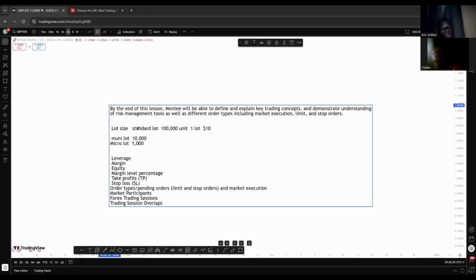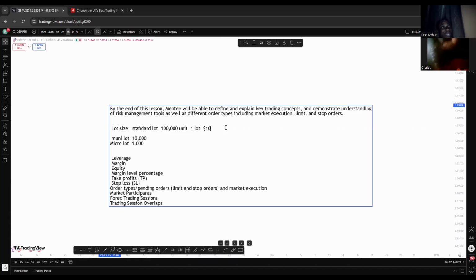Yeah, so it means that if you are using this standard lot, and you said the standard lot is equal to one lot, then any trade you take, any movement of one pip, is $10. Yes.